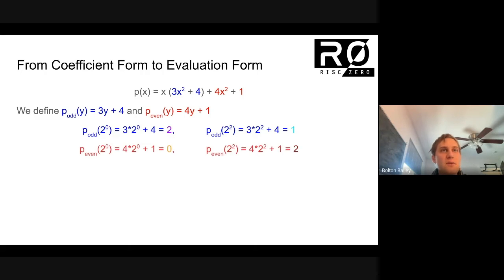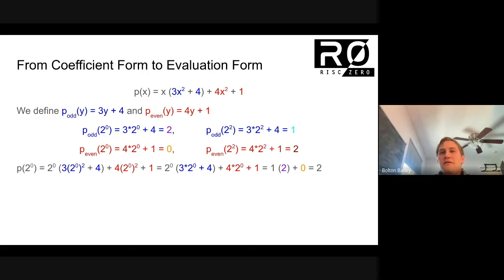And similarly, we can work that out for p even. We can evaluate p even on 2 to the 0 squared and we get 0, and we can evaluate p even on 2 to the 2 squared and we get 2. I've written these in separate colors so that it'll be easier to see what happens next.